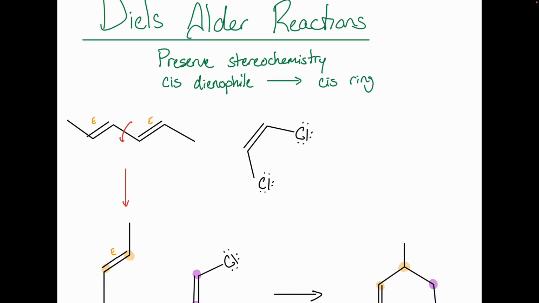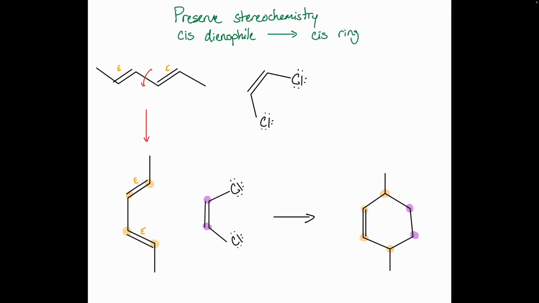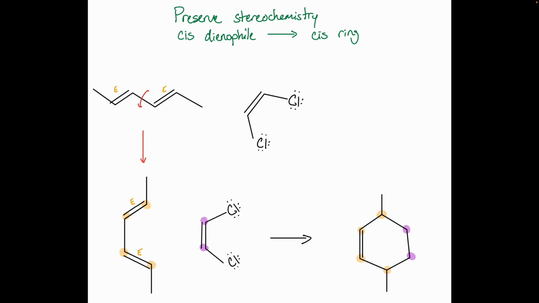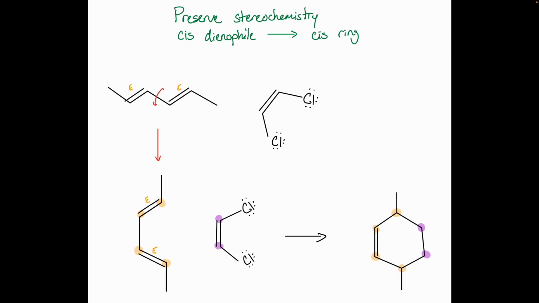All right, both of those groups will be pointed in opposite directions. And likewise on the flip side, if you started out with a trans dienophile, you would get a trans cyclohexane ring.